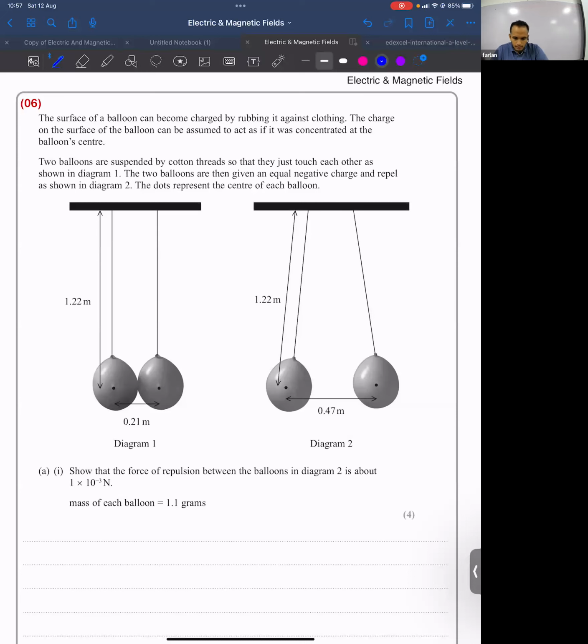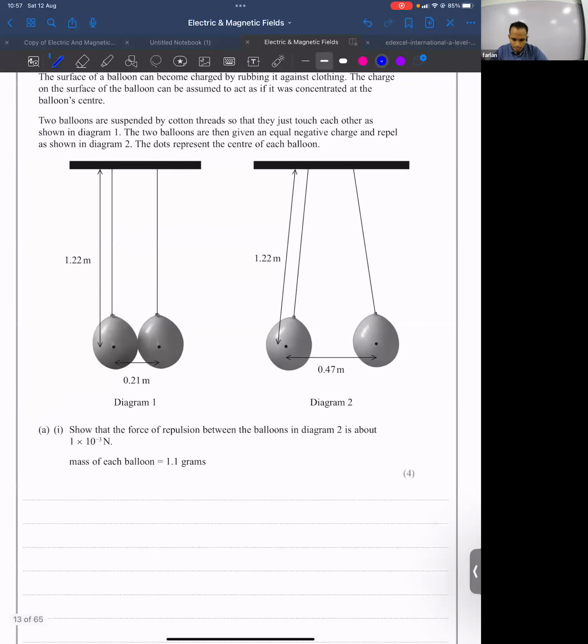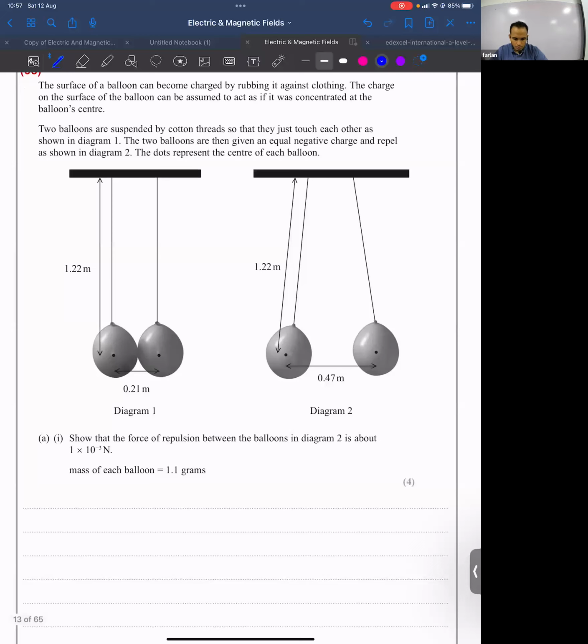The two balloons are then given an equal negative charge and repel as shown in diagram 2. The dots represent the center of the balloon. Part A, part 1: show that the force of repulsion between the balloons in diagram 2 is about 1 × 10^-3 newtons. The mass of the balloon is 1.1 grams.